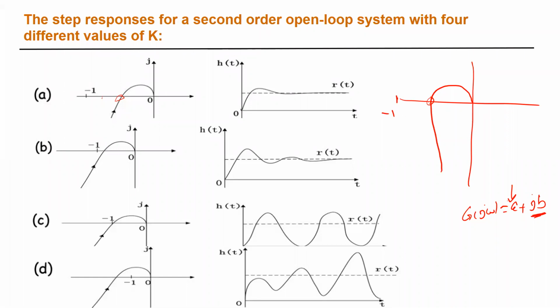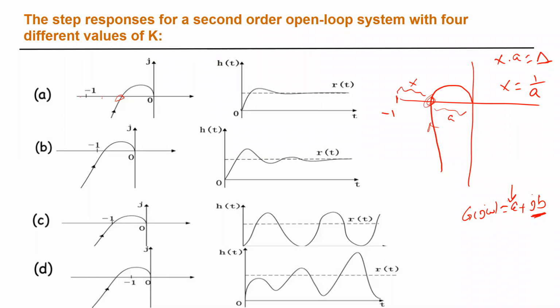Or if I set the phase to -180 degrees, that will give me the frequency, and I will use it to find omega here. Then what will be the factor? Let's say this is X, and the magnitude is A. I need X times A equal to 1, so the factor X will be 1 over A, 1 over the magnitude evaluated at this point. This is my measure of how far I am from the -1.